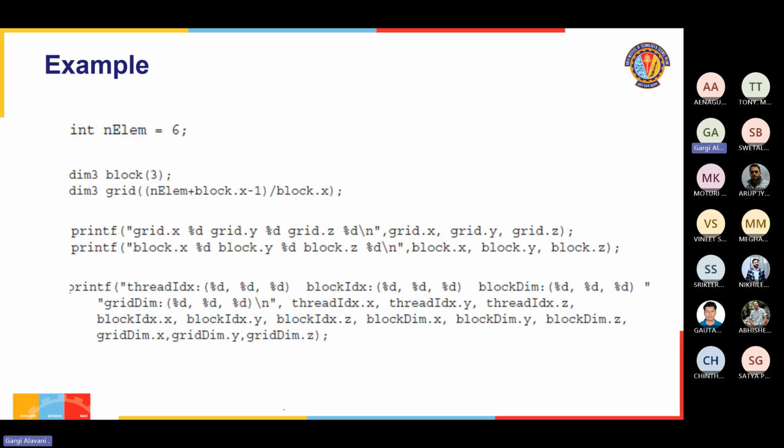So let's take this example. Here the number of elements is 6, and the dimension of the block is 3, so each block has 3 threads.